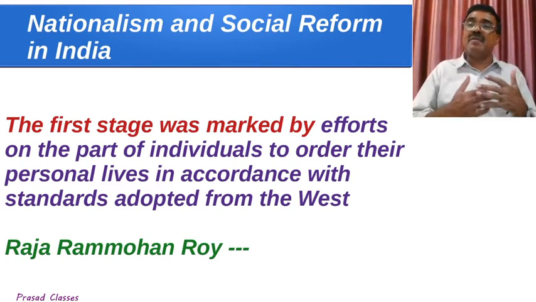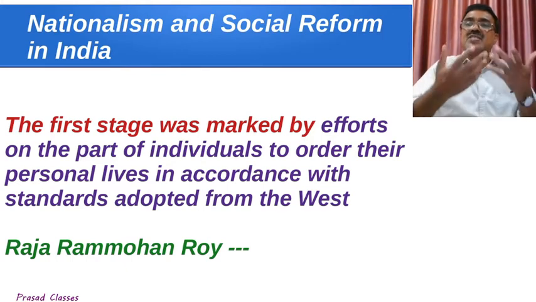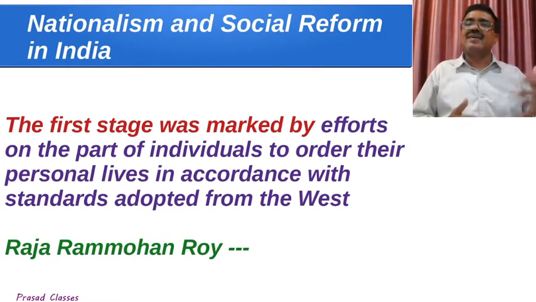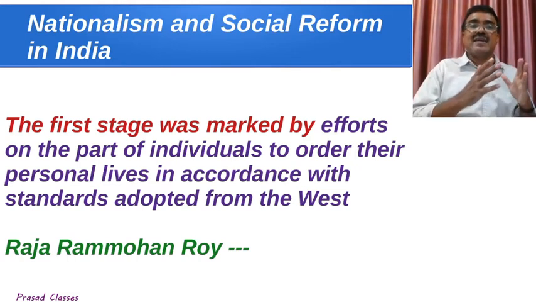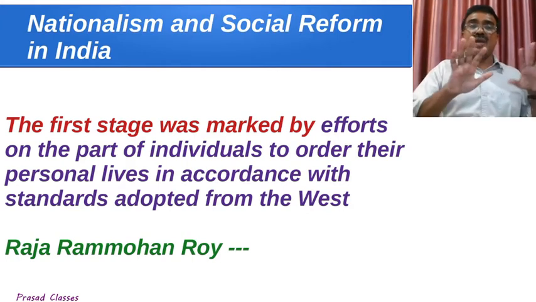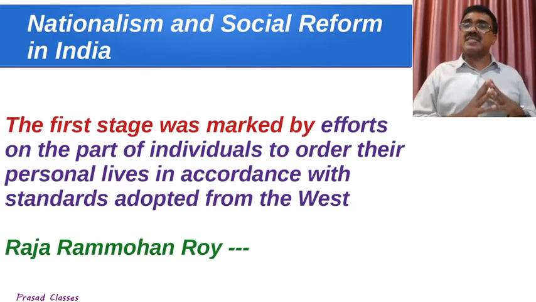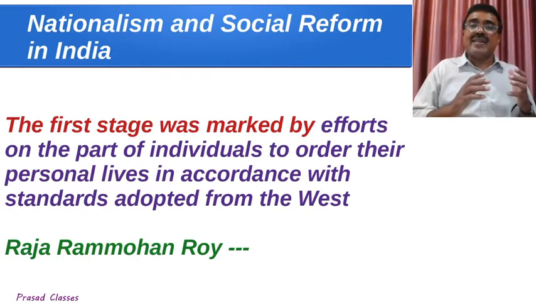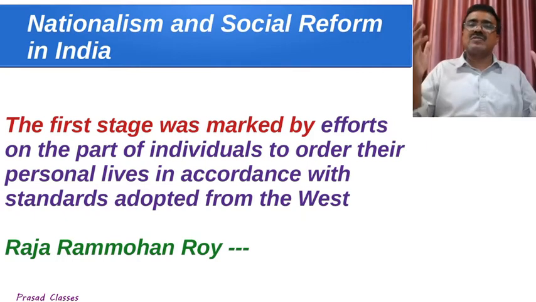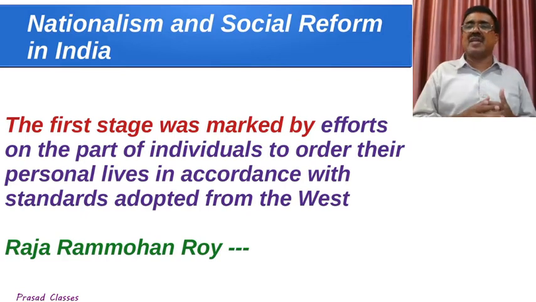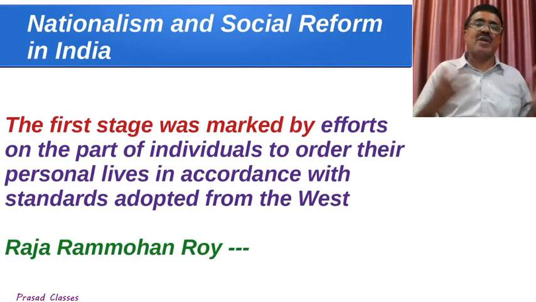When people from the lower strata get some education and their ambitions go higher, such a desire is created among them. They organize their lives not according to everything of the cultural notions of the West, but according to certain Western standards. That is the first phase of our social reform movement. And the proponent of this phase, of course, what we call the father of Indian reformation, the Indian social reform movements, was Raja Ram Mohan Roy.